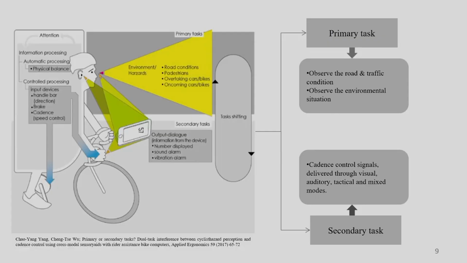Now if we go back to the earlier example, it says that when there is task shifting, first let us understand what the primary and secondary tasks are in this example. In the primary task, mainly observe the road and traffic condition and the environmental situation. Whereas in the secondary task, it says to condense the control signals delivered through visual, auditory, tactile or mixed mode.